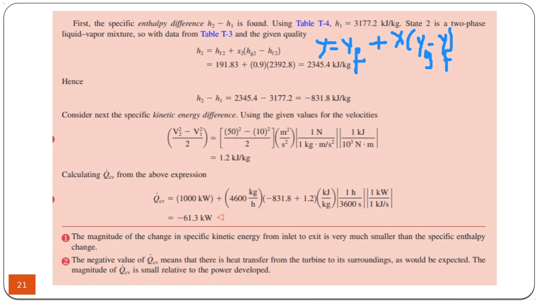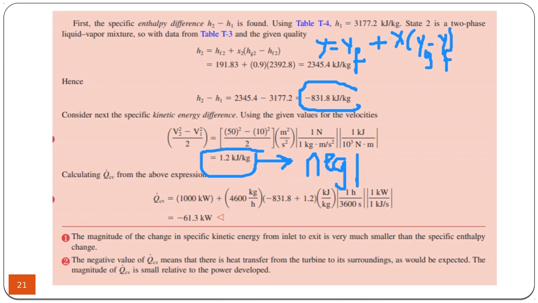As you can see, if you compare these two values, the change in the kinetic energy can be taken as negligible most of the time, because it's much smaller than the change in the enthalpy. In any case, you can include it in the calculations.